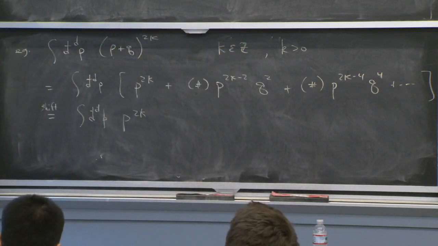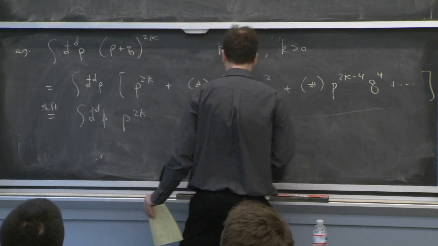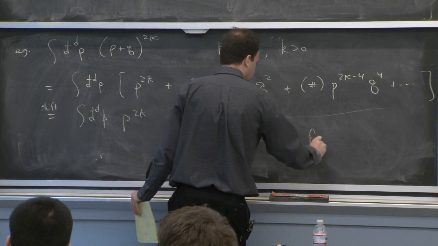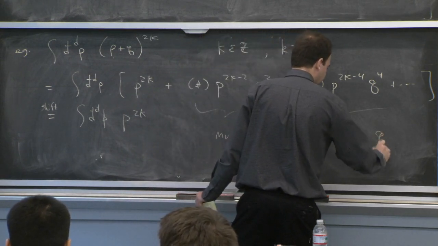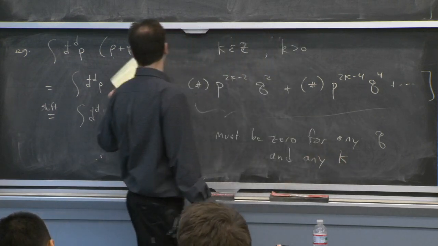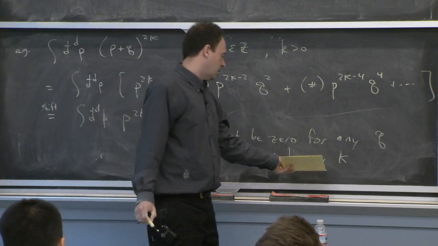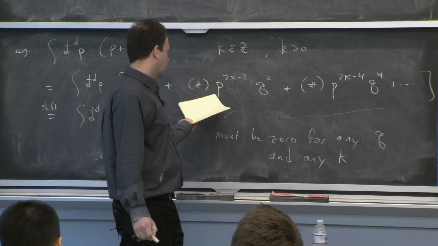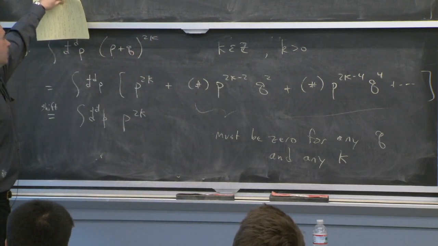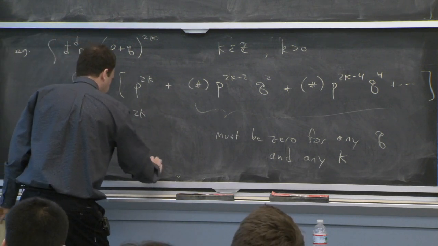And they have to be 0 for arbitrary q and arbitrary k, under the assumptions that we use, which are that it's an integer and it's positive, so I could expand it in this way. And so therefore, we have all these integrals over p to the powers, and they better be 0. And that's enough to prove this for integer alphas, positive integer alphas.